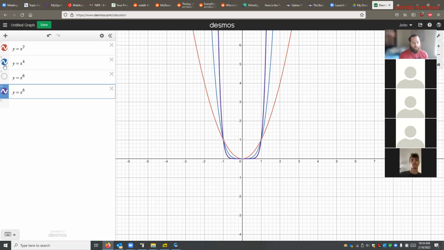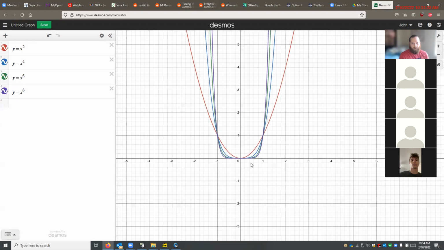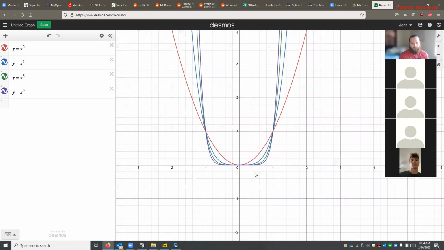So these all have that same sort of symmetry. And what you notice is that as the power gets bigger, the butt gets flatter, right? This thing gets smashed into the x-axis more. So when you're talking about even powered power functions, they all have this kind of shape. And as the power gets larger, the bottom end gets flatter. That's all that happens.